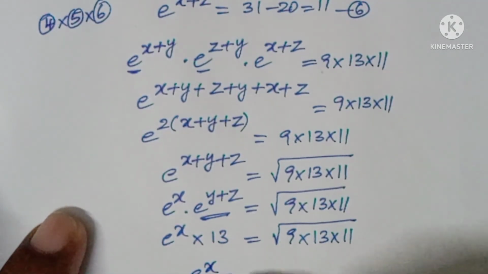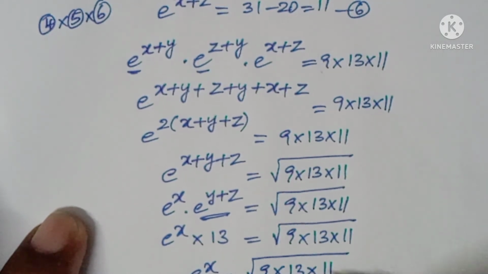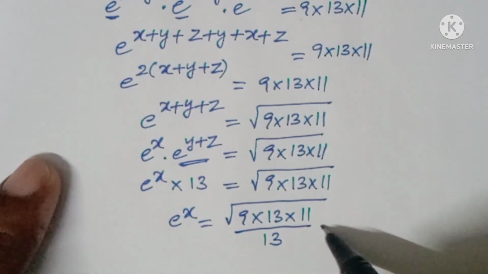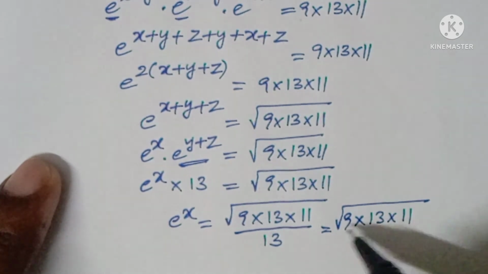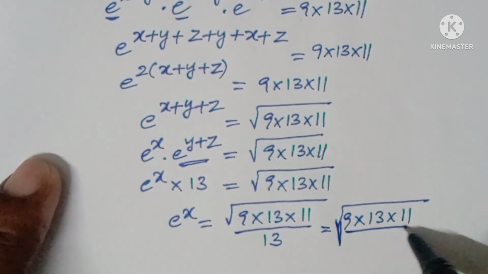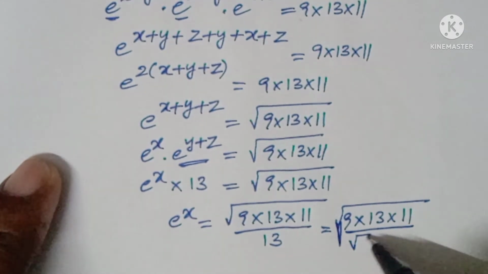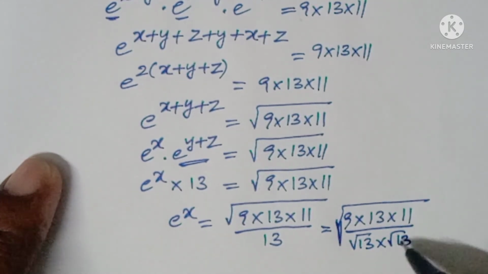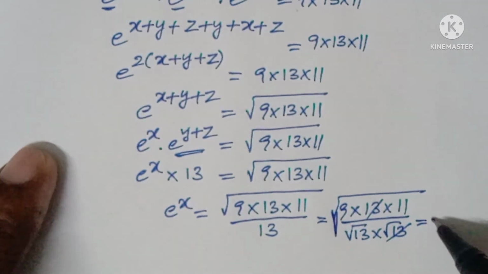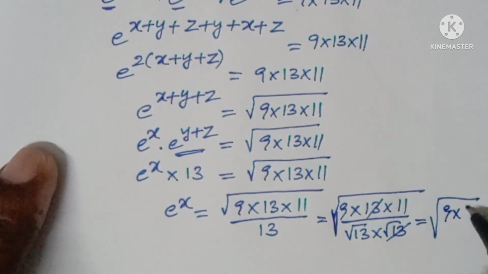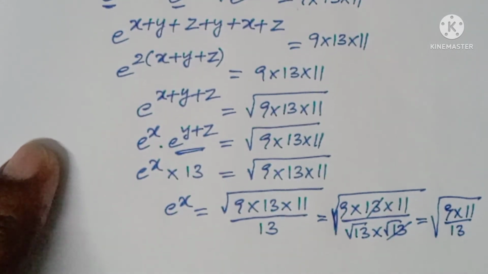So e to the power of x is equal to square root of 9 into 13 into 11 by 13. This can be written as square root of 9 into 13 into 11 by root 13 into root 13, so you can cancel this out. Here you will get root of 9 into 11 by 13.